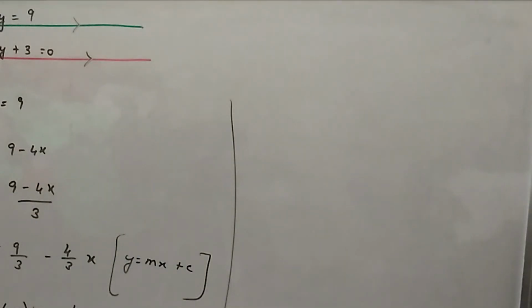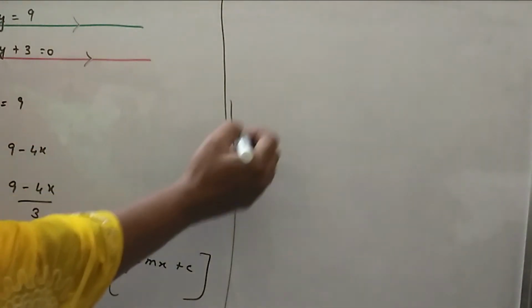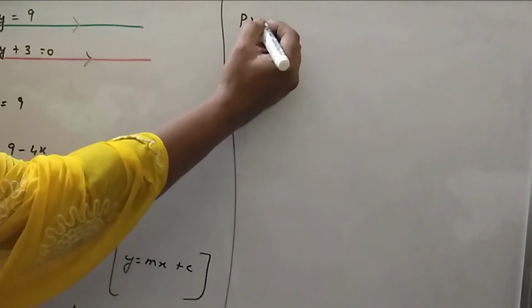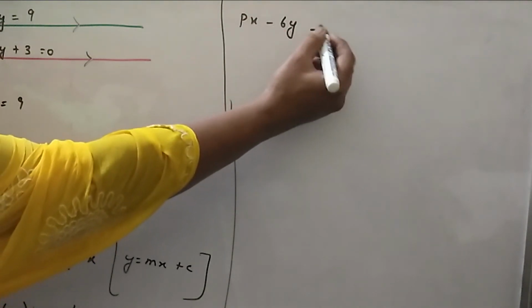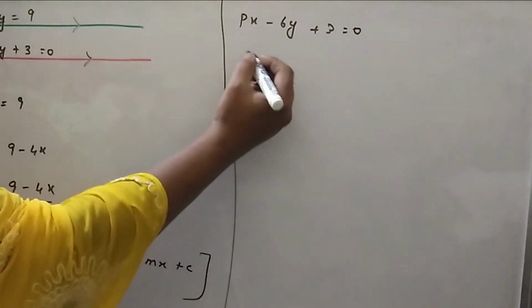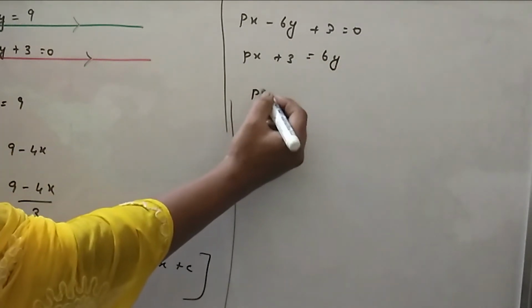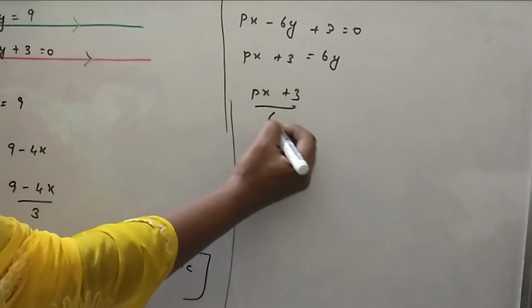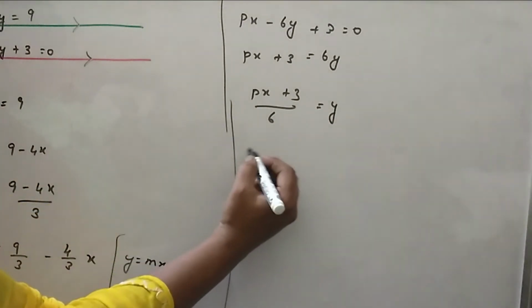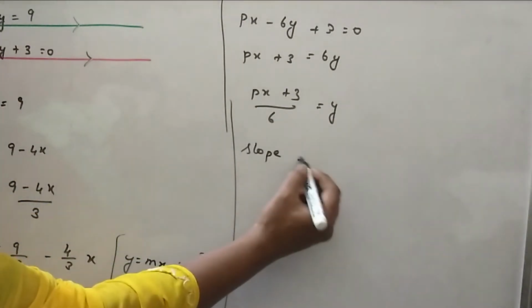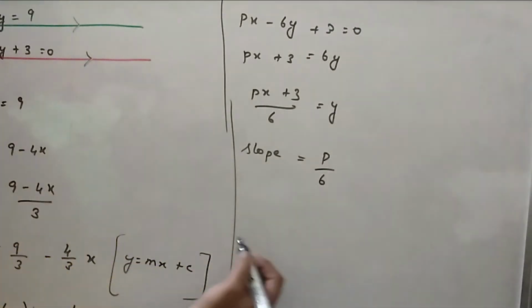Okay. Now, take the second one, px minus 6y plus 3 is equal to 0. px plus 3 is equal to 6y. px plus 3 upon 6 is equal to y. Now, slope is equal to p upon 6.